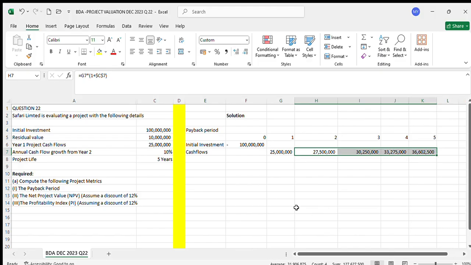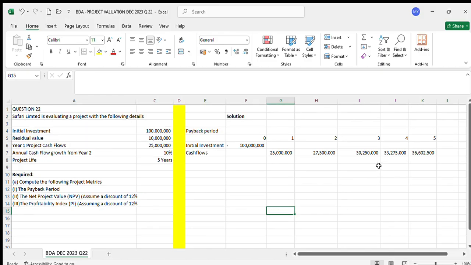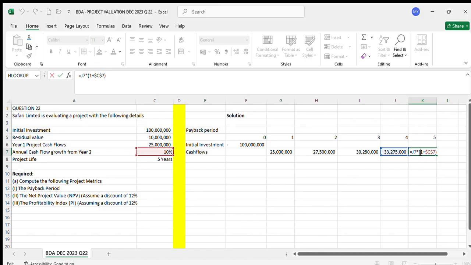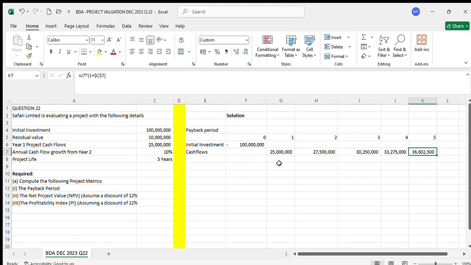So you can see year 1, year 2, and so on.